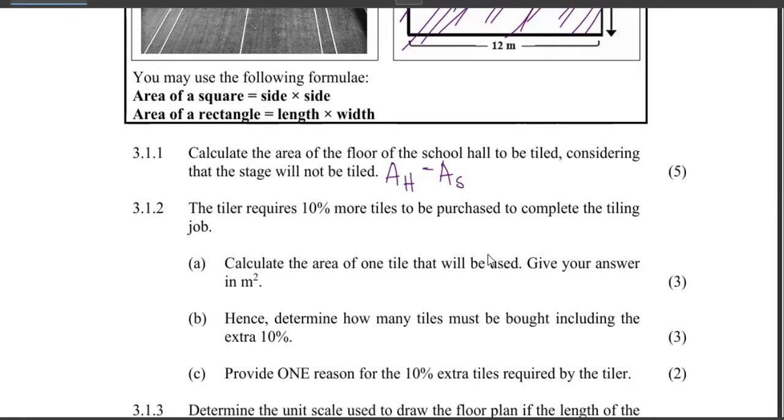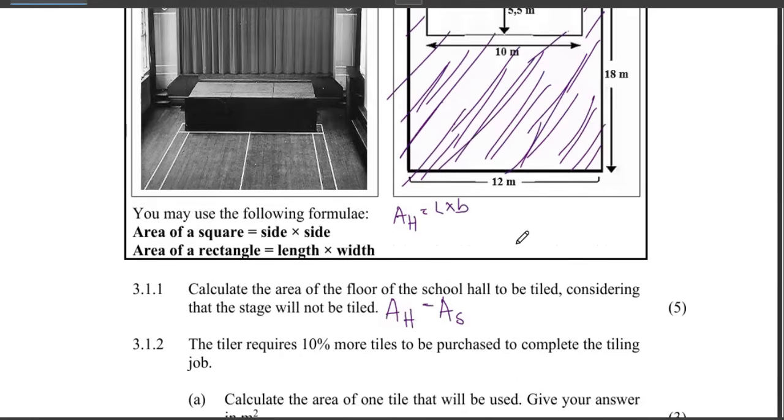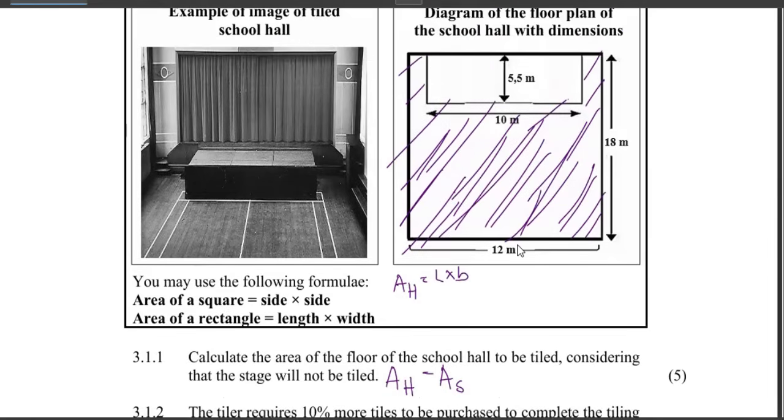So the area of the hall will equal length times breadth, because it's a rectangle. We have length as 18 and breadth as 12. The answer becomes 18 times 12 equals 216.